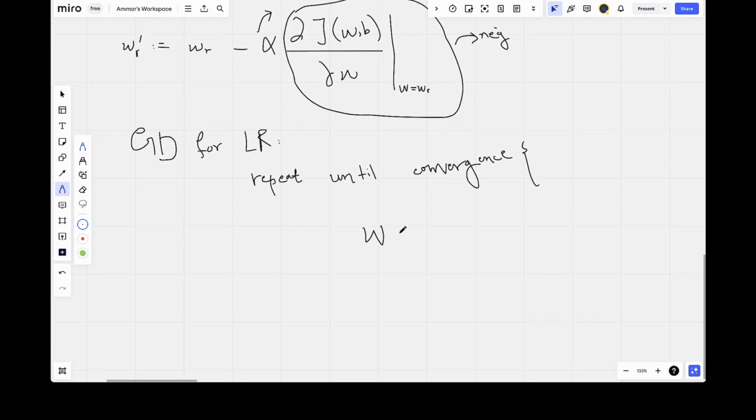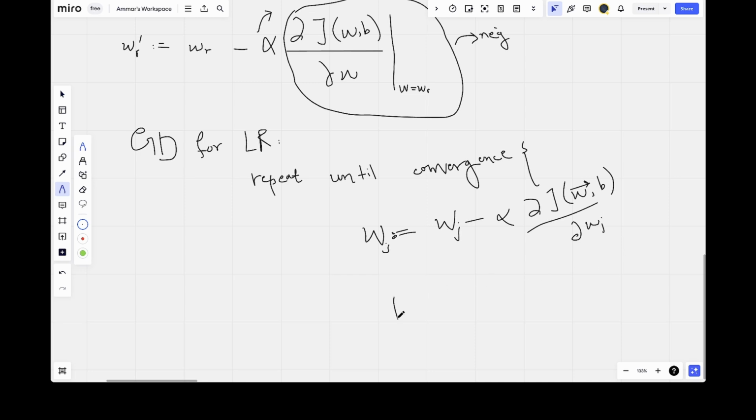So I'm going to write W assign W minus alpha times the derivative of J, and let's assume that this is Wj, and this could be any number of parameters, so this is general with respect to Wj.